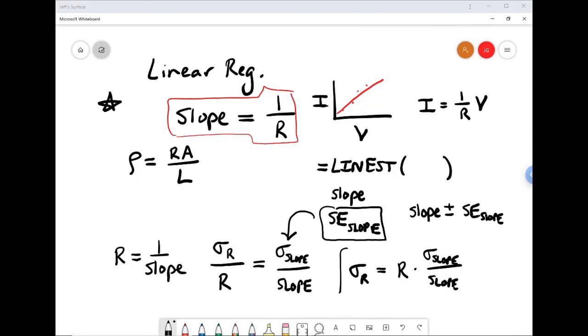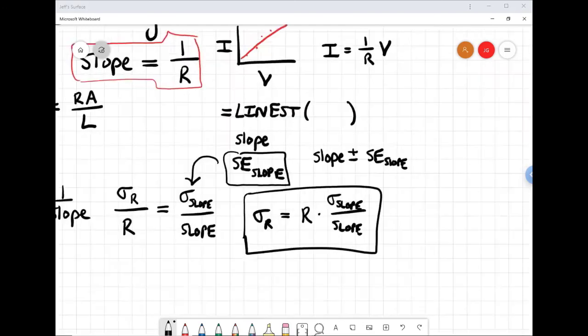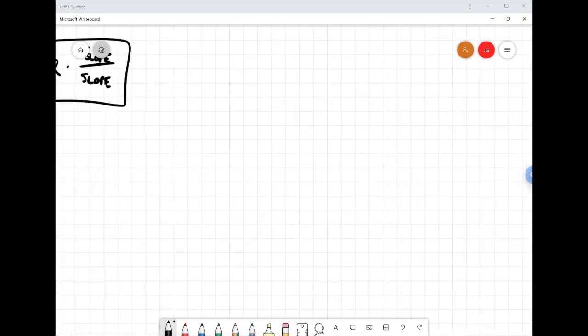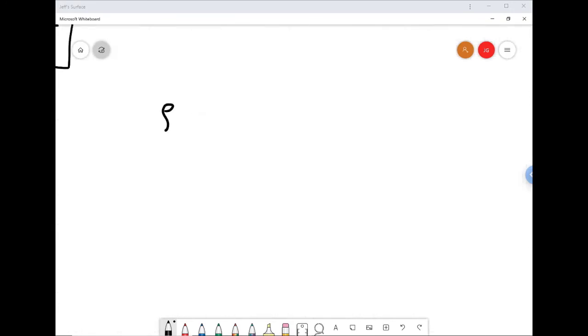All right. There's a handout on Sakai that summarizes these rules for error propagation, if you want to review them. Okay, well then, what about rho? So rho is calculated from R. Rho equals R times A over L, cross-sectional area divided by length.